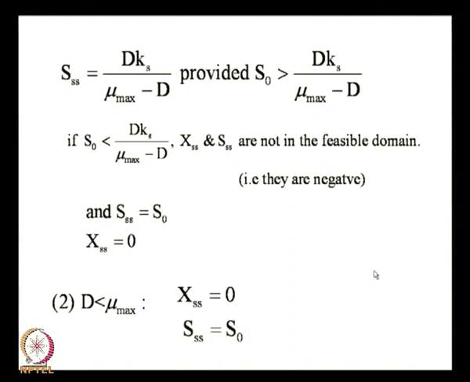What kind of solution is this? Trivial solution, yeah. This is known as a trivial solution, where XSS is 0, that is you put in sterile cells, your input solution is free of cells. So, no cells in, no cells out, and as a result whatever substrate you put in is whatever substrate leaves the system. So, this is a trivial solution.